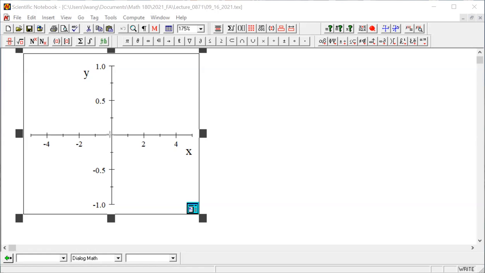The ground rule says, starting from the origin, we draw a ray. I'm going to make it thicker. This position is called the standard position.